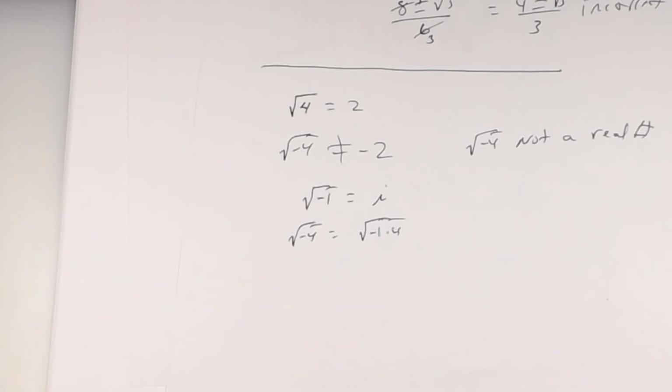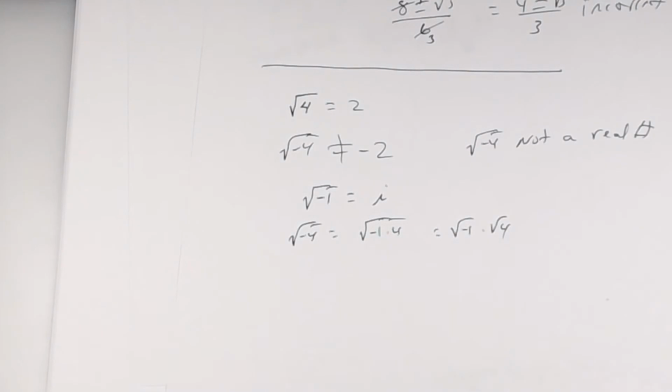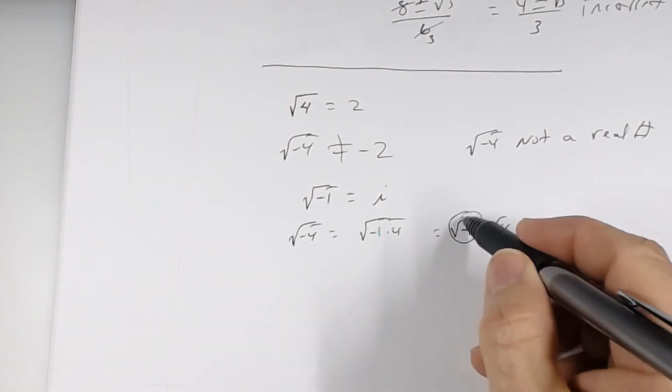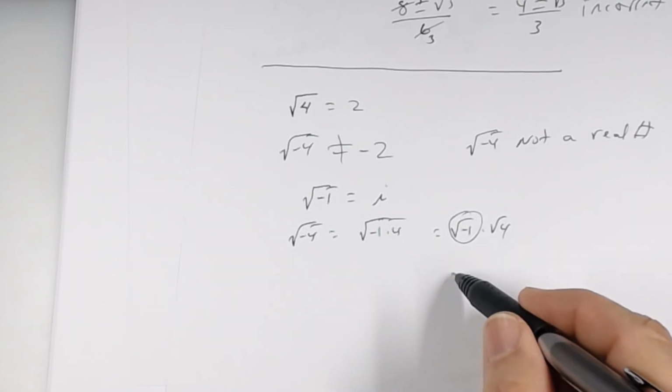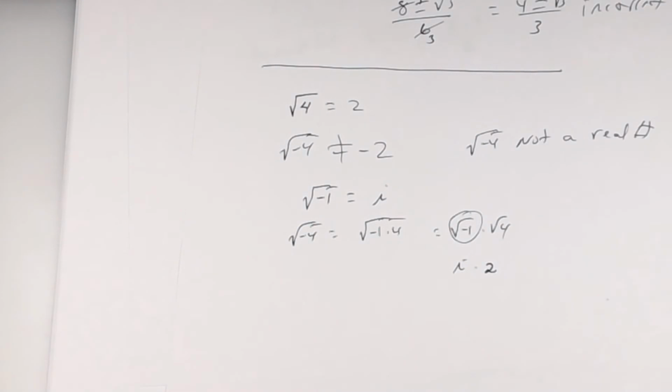And then I can rewrite this as a square root of a negative 1 times the square root of 4. The square root of a negative 1 I know is defined to be i. The square root of 4 I know is 2. But we also talked about the fact that we don't write i2, we write what? 2i. We tend to put the i behind the coefficient.